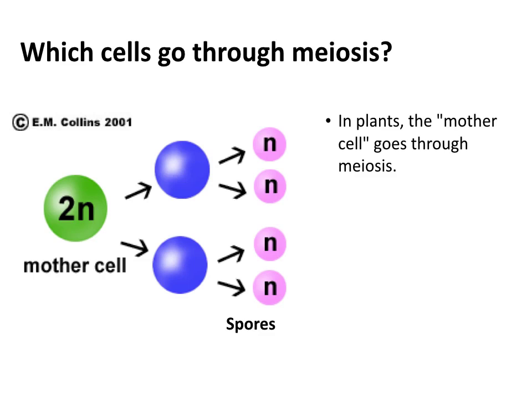To drive home the point of this mother cell, I'm showing you a very schematic diagram of how meiosis works in plants. The mother cell is a diploid cell found within the sporophyte of a plant. And it will go through the 2 rounds of meiosis, meiosis 1 and meiosis 2.